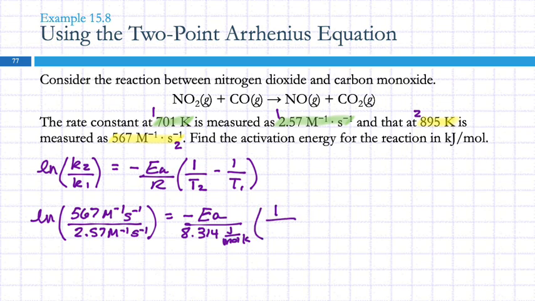And then we have 1 over T2, 895 Kelvin, minus 1 over T1, 701 Kelvin. Just pointing out where the 1s and 2s went.